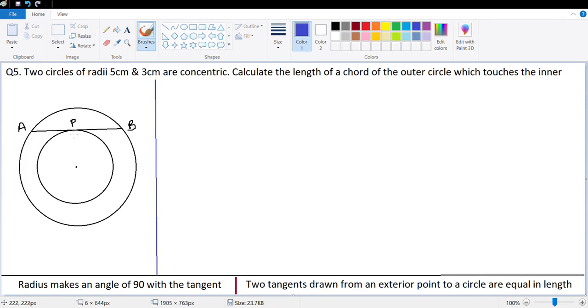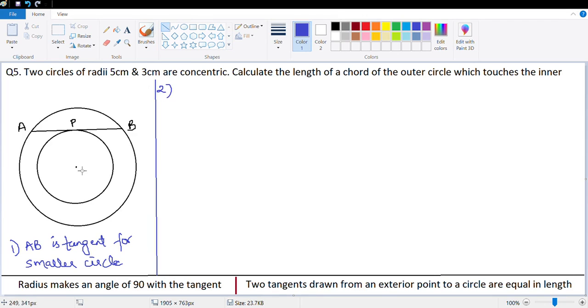Yes, because it touches it only at one point. So let's just write that down. AB is tangent for smaller circle. Done. What we need to find is the length of the chord.